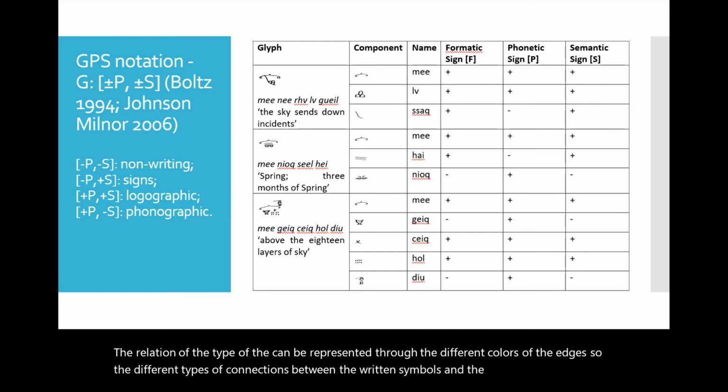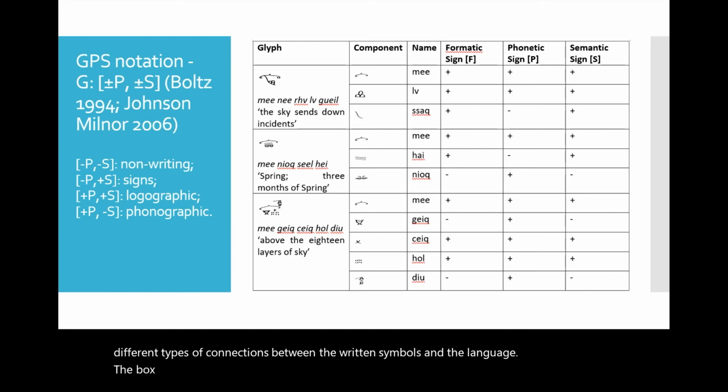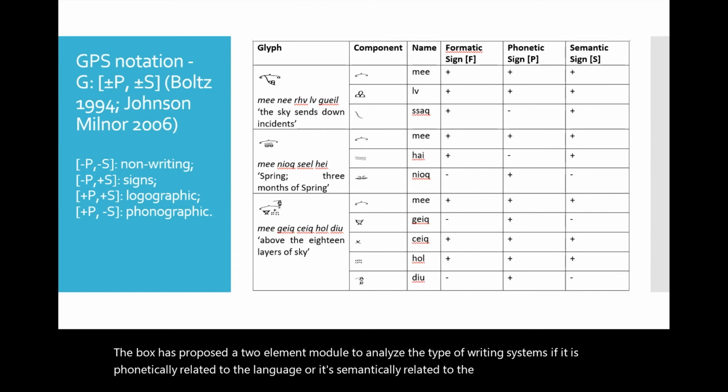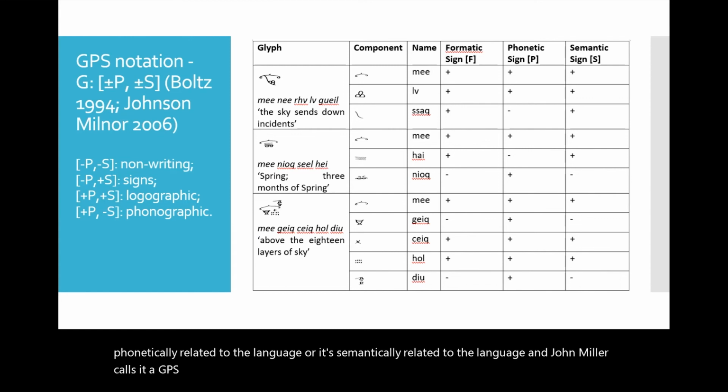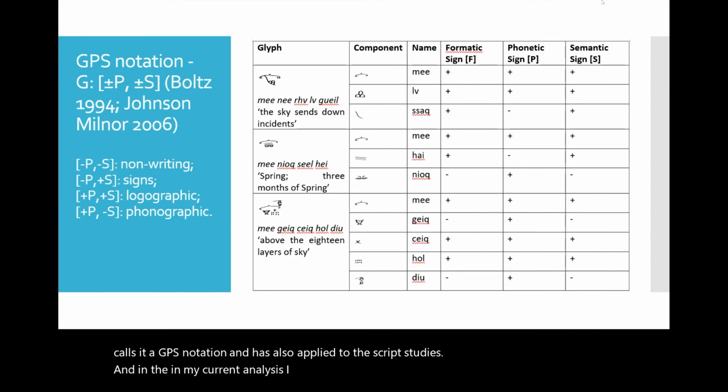BOTS has an element module to analyze the type of writing systems: whether it's phonetically related to the language, or semantically related to the language. John Milner has also applied it to Dongba script studies. And in my current analysis, I have added a third element, the phonetic sign.